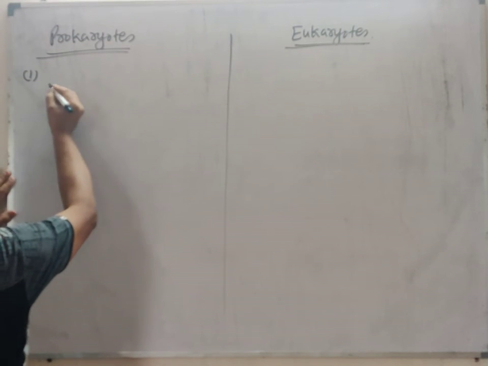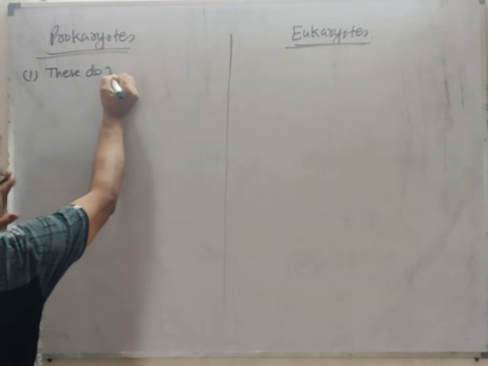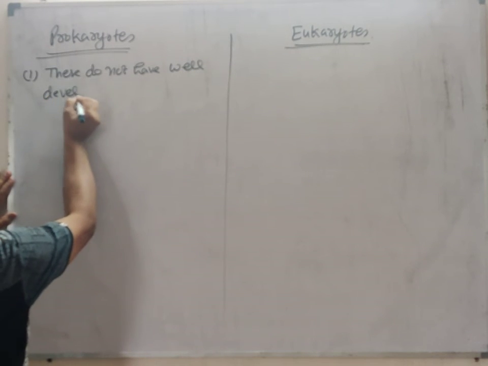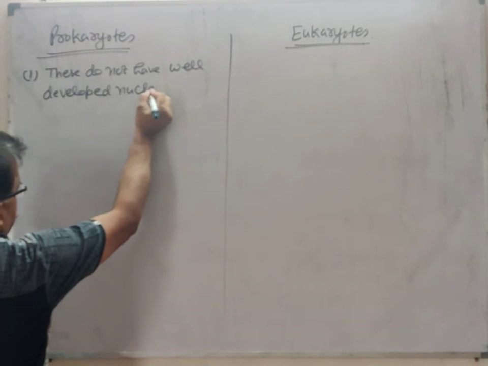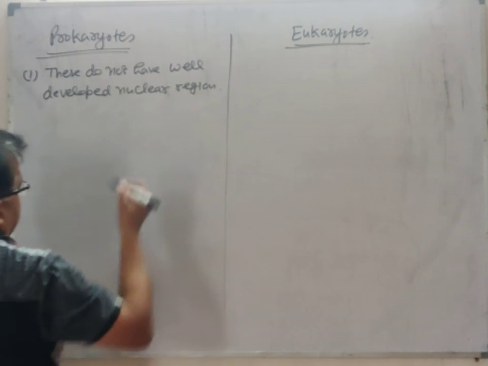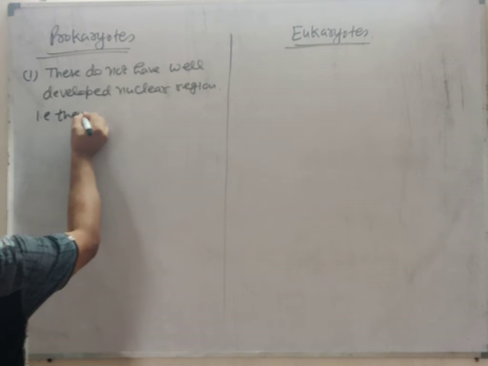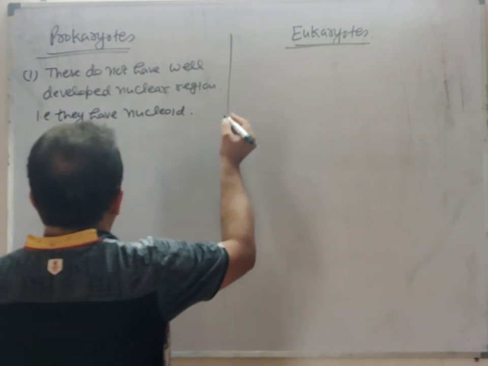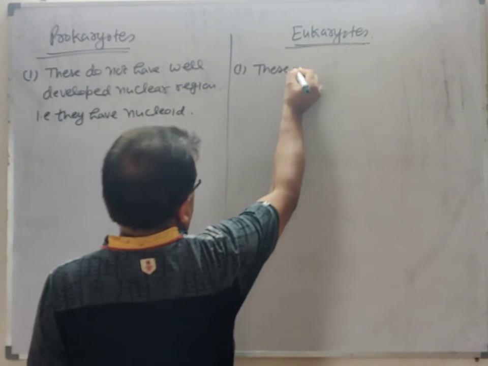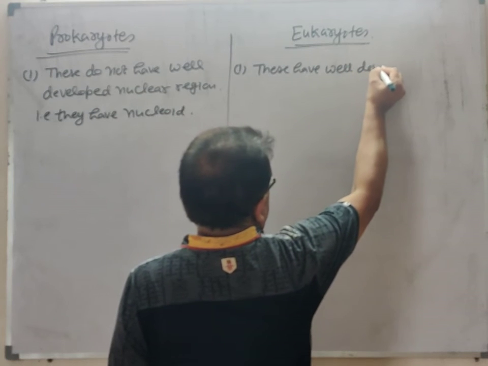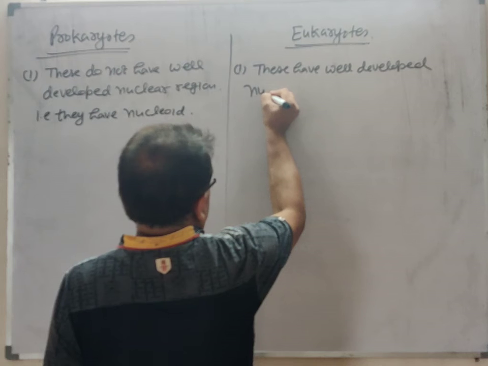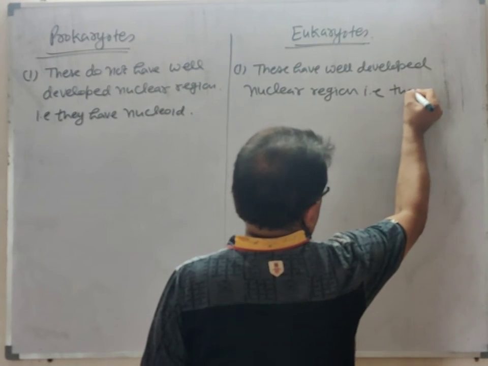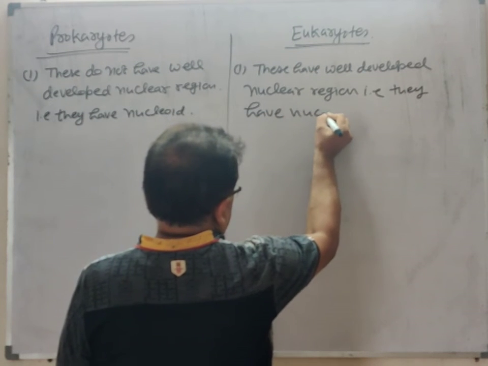Number one, these do not have well developed nuclear region, that is they have nucleoid instead of nucleus, and these have well developed nuclear region, that is they have nucleus.